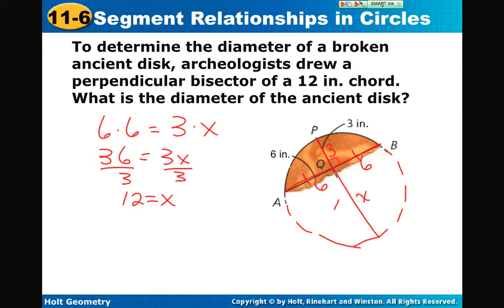So this part is 12, and then we have 3 more added on to it. The whole diameter is 15 inches. We didn't locate the center, but we know how long the diameter is based upon what we're doing today.